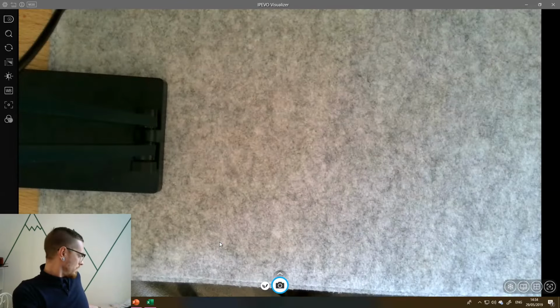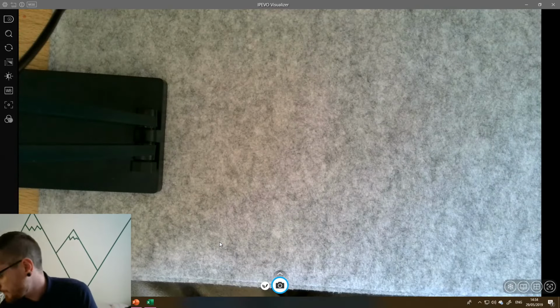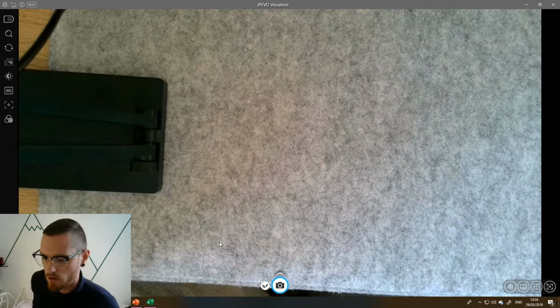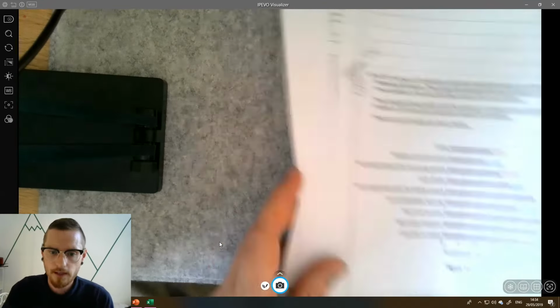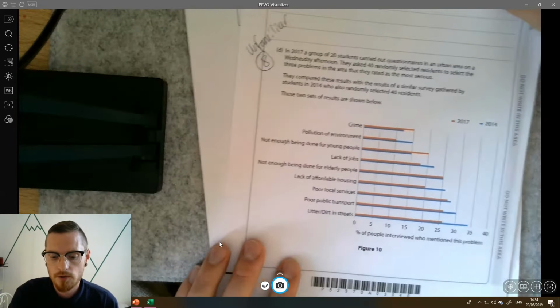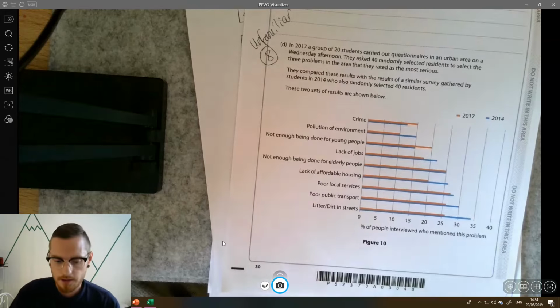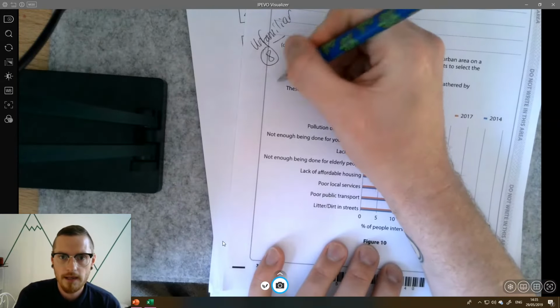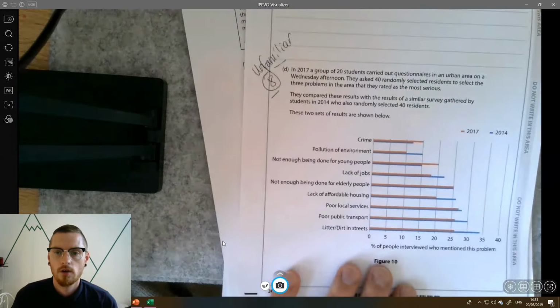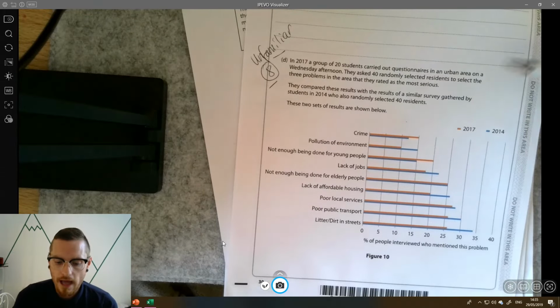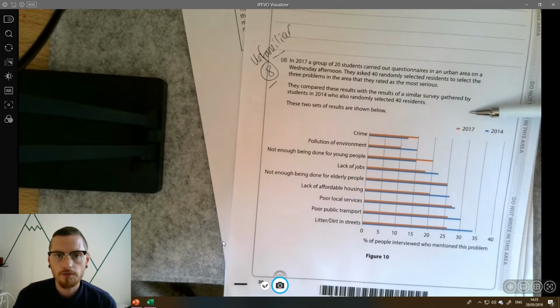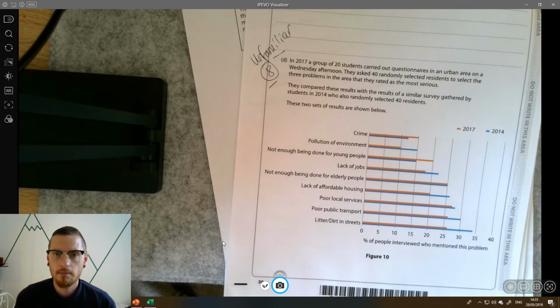Now, why this matters is when you come into the 8 markers on fieldwork, I would like you to think about that. When you get that unfamiliar 8 marker, be aware that whatever is given to you is not fully accurate. The exam board have purposely done that.